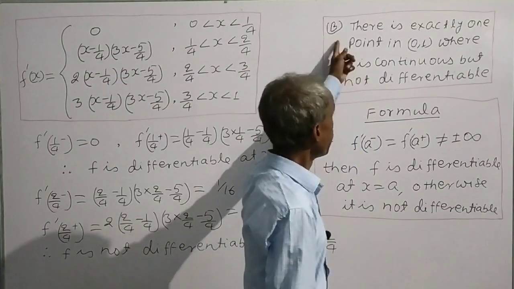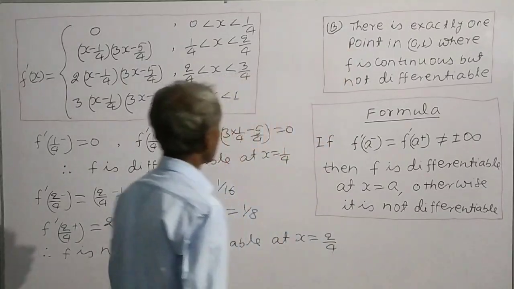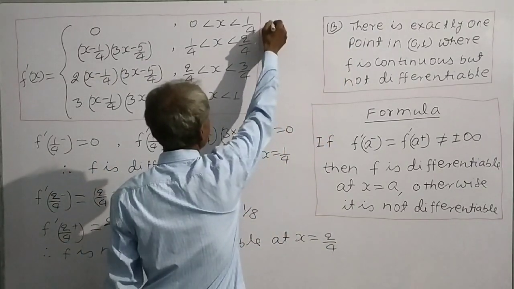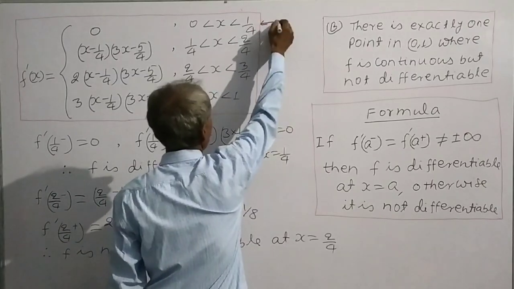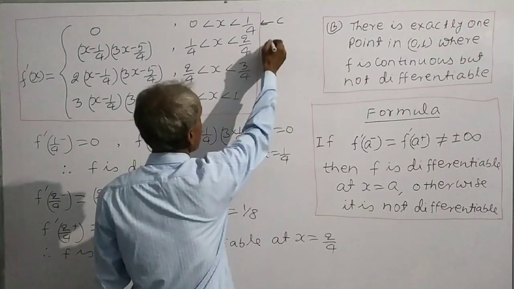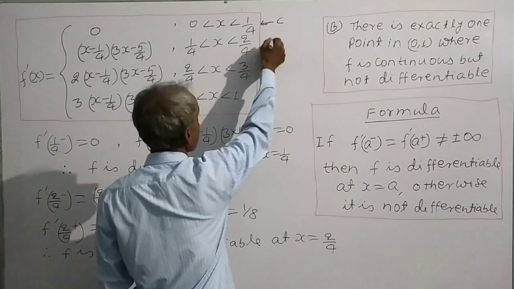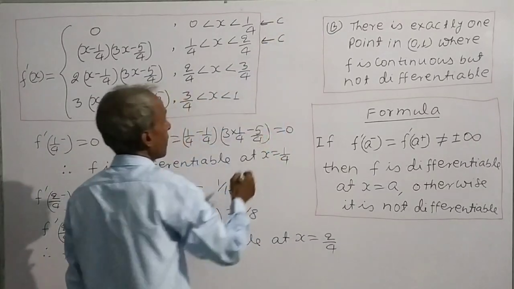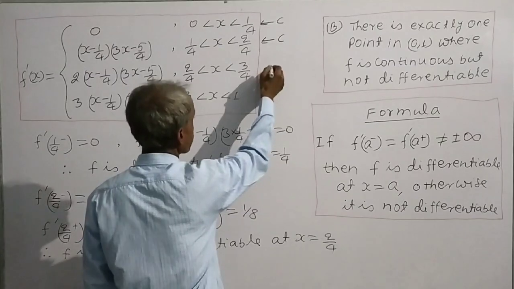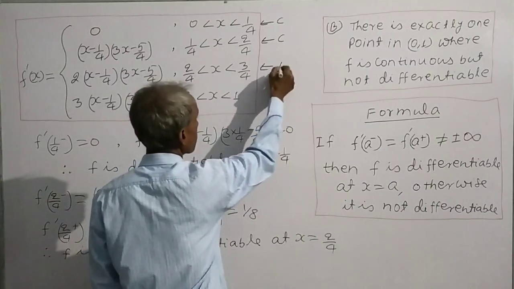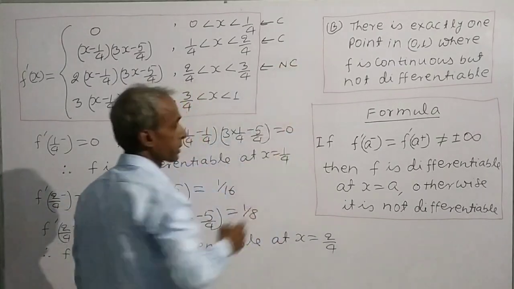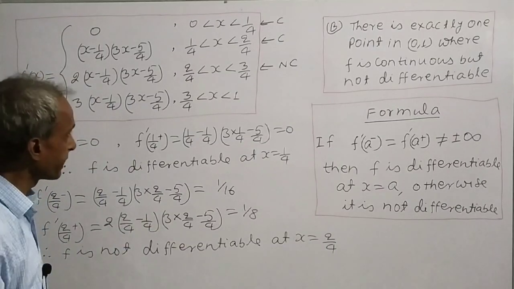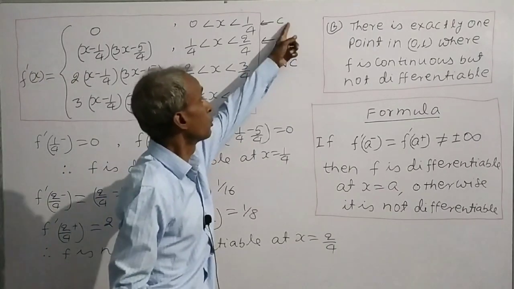Now we will check option B. We already have seen that f is continuous at this point and at 2/4, but not continuous at 3/4. Now we will check differentiability at these two points.